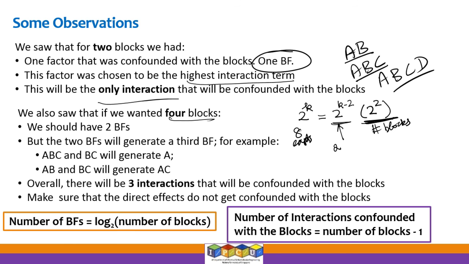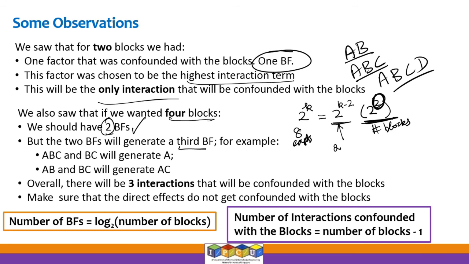So because we had 2 to the power of 2 blocks, we should have 2 blocking factors. So this is the key thing here. 2 blocking factors. So this matches with that. But the 2 blocking factors will generate a third blocking factor, because you can take the 2 blocking factors and you can multiply them to get a third one.